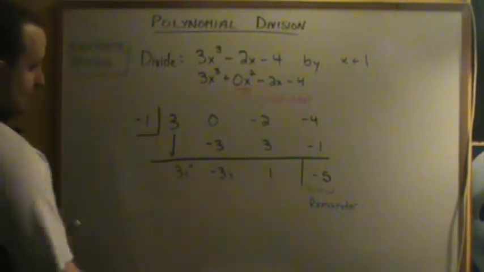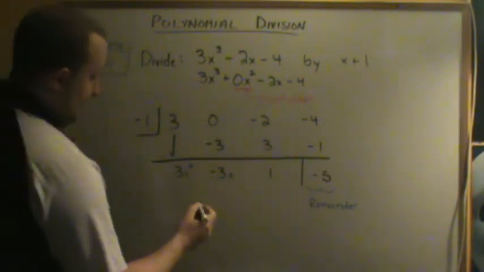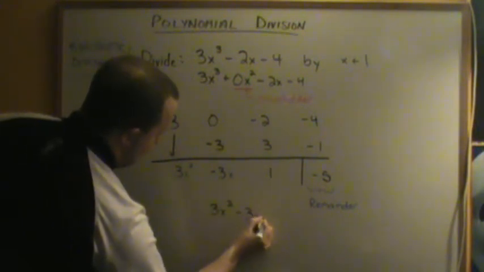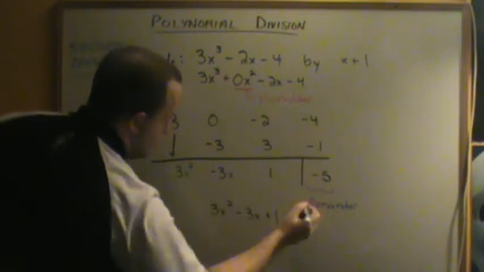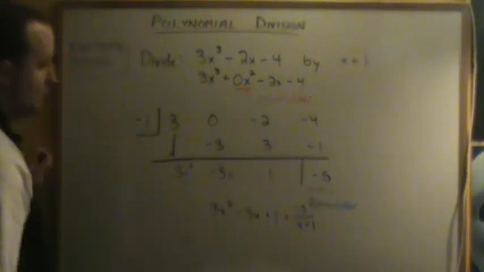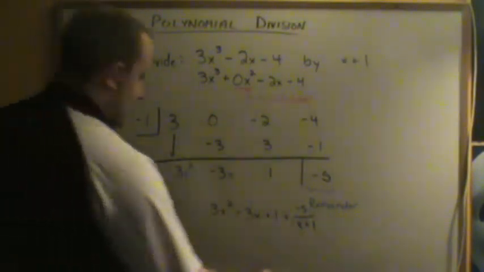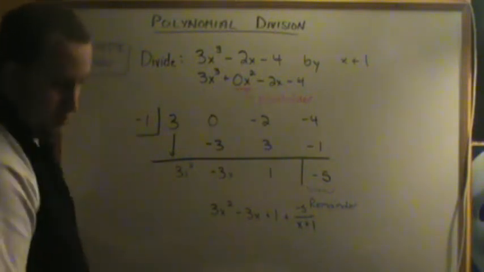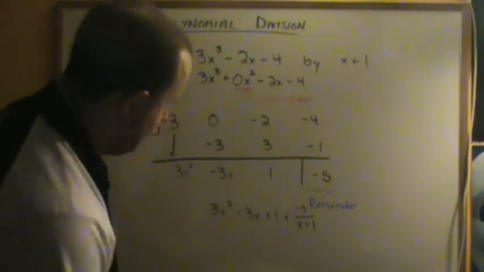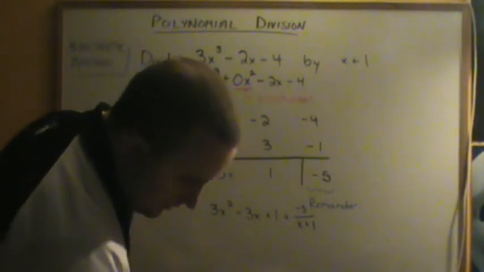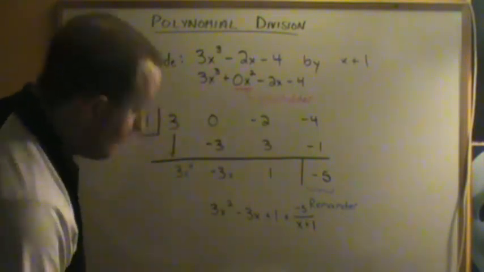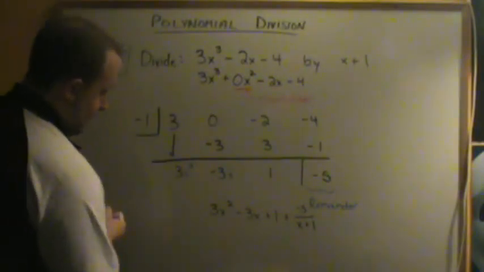So our answer here now is going to be 3x squared minus 3x plus 1 plus our remainder, which is negative 5 over x plus 1. Alright, so this is our answer right here.